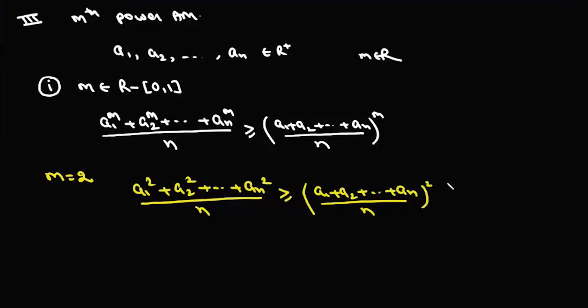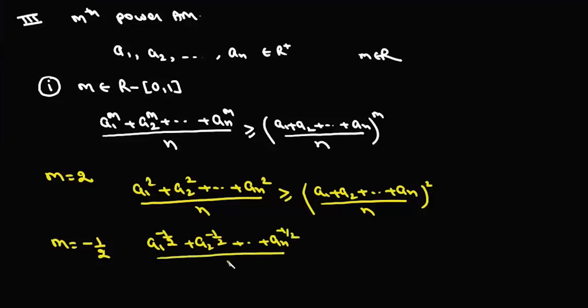Now this m can be a negative number also. We can take this m as, say, minus 1 by 2. Then we can write a1 to the power minus 1 by 2 plus a2 to the power minus 1 by 2 up to an to the power minus 1 by 2, by n, and it will be greater than or equal to (a1 plus a2 up to an by n) whole to the power minus 1 by 2. So this is our first case, when m is either less than 0 or greater than 1.